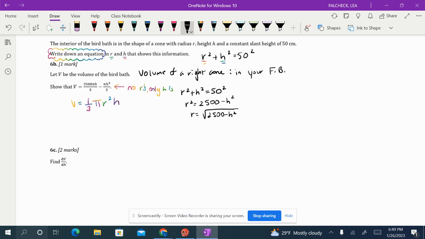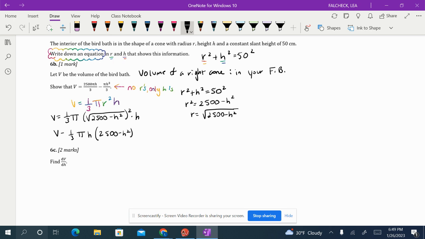So we're going to substitute that into our volume of a right cone formula. We have volume is equal to 1/3 pi times the square root of 2500 minus H squared, all of that squared, times an H. We then have the volume is equal to 1/3 pi, and then there's an H out front here, and inside we've got 2500 minus H squared.